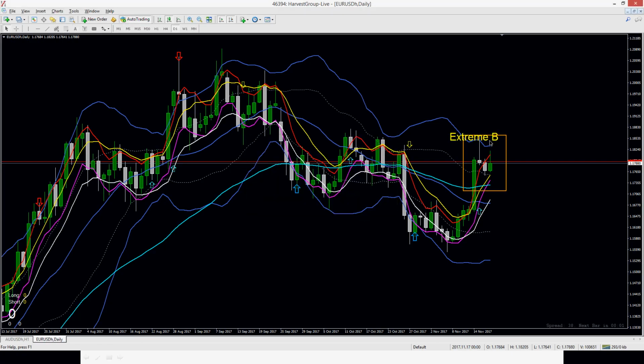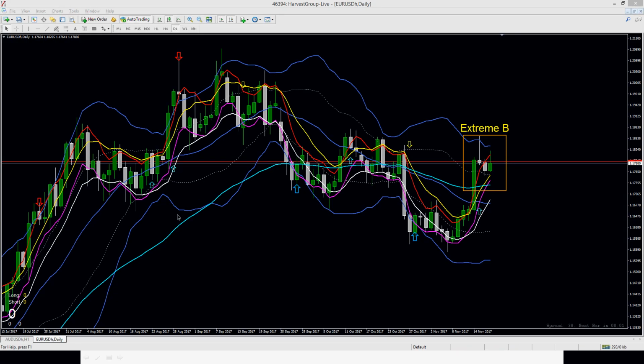It's quite important that you know how to identify the potential signals. Extreme B indicates that every time the candle rejects or breaks a sideways Bollinger Band, there will be a reversal towards mid BB. So in this sense, the price from here will go to mid BB at least.